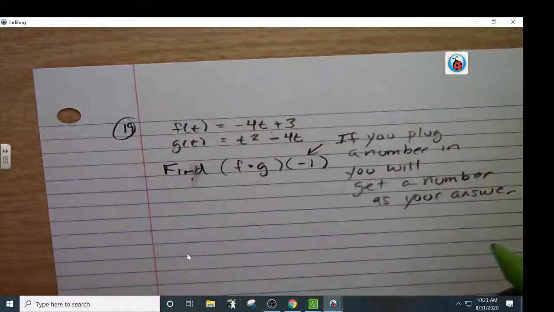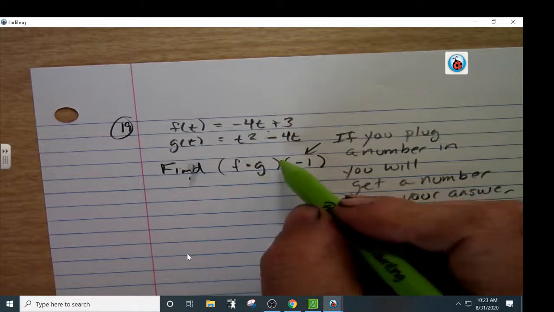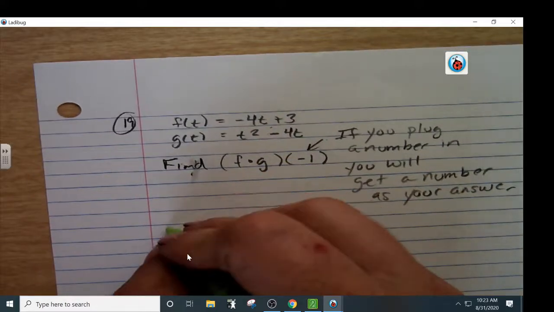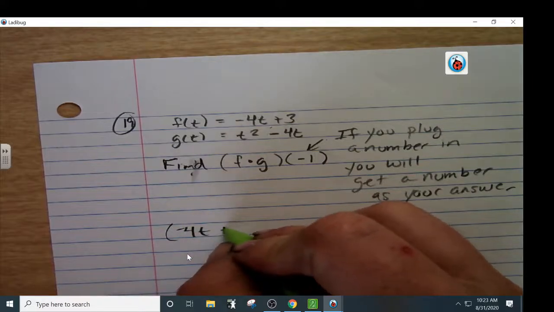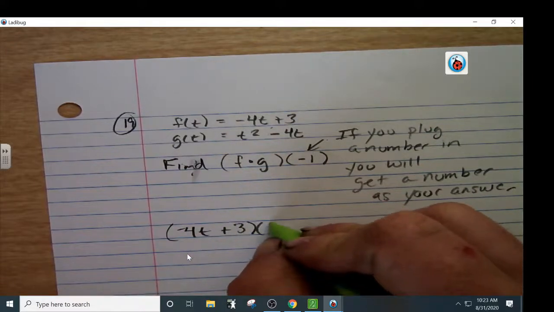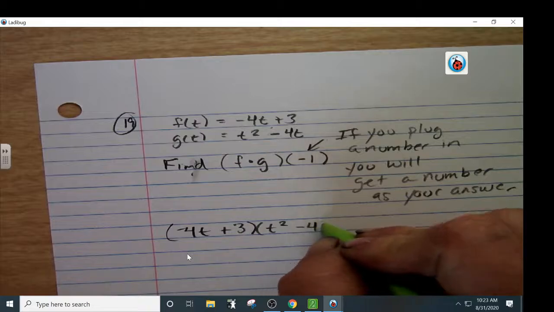All right. So first of all, we're going to do f times g first. So since it's binomials, I'm going to put them in parentheses. Negative 4t plus 3, t squared minus 4t.